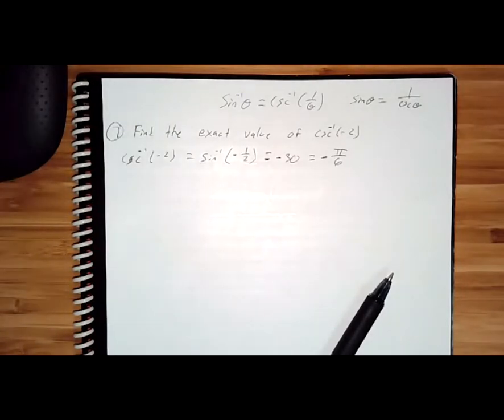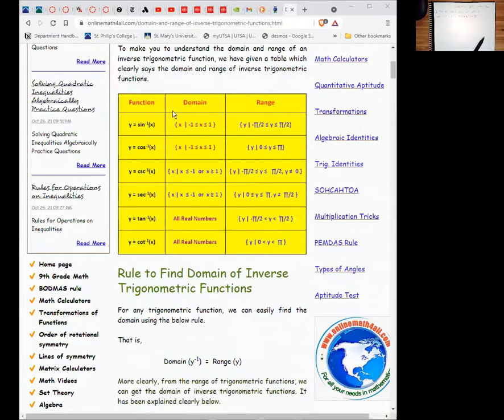Do you remember the range and domain of sine inverse? Let's see here, so I can find a picture for you. There we go. Has it all in one place. I don't feel like digging up my notes right now. So sine inverse domain can only be negative 1 to 1. And we chose that because it needed to be one-to-one in order to be an inverse. So that restricts the range.